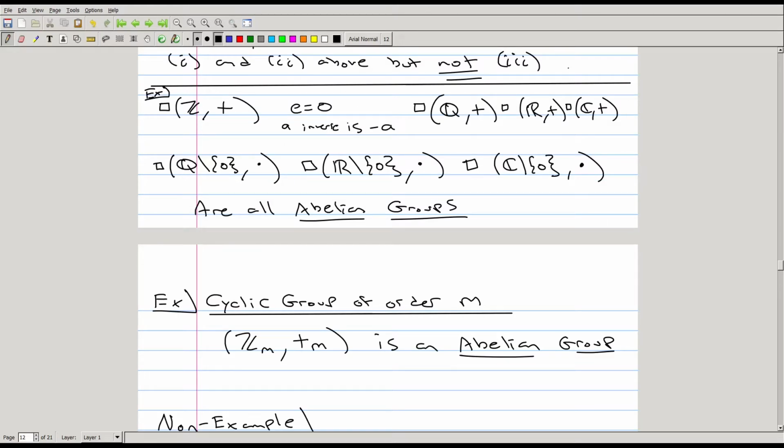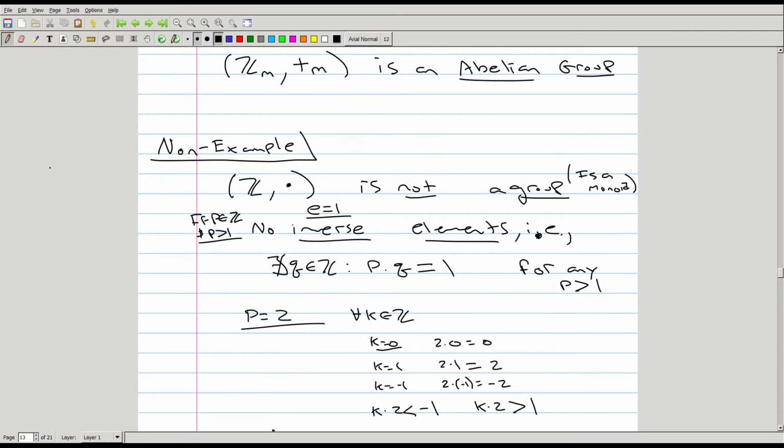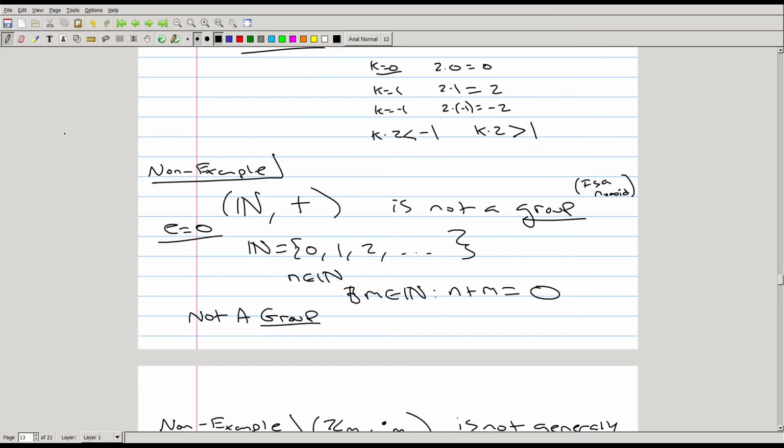So specifically in each one of these examples, the rational numbers with addition, the identity here is the rational number 0. Same thing for the real numbers and the complex numbers. In these new groups, though, when we remove 0, the identity element in the multiplicative group is 1, 1, and 1. This is a very interesting and important point.